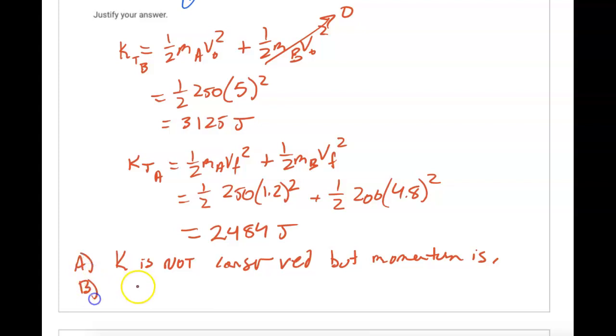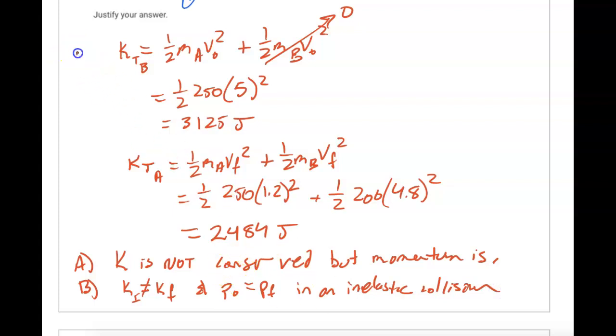Our basic physics would be K initial is not equal to K final, and the original momentum is equal to the final momentum in an inelastic collision. Our cited evidence is right here. It's everything we did here.